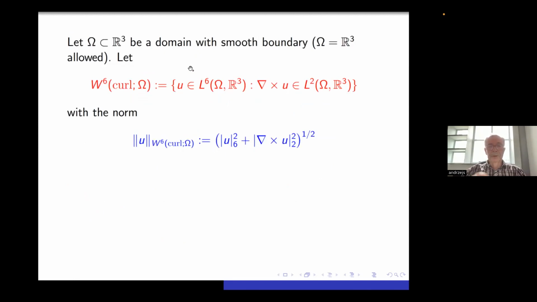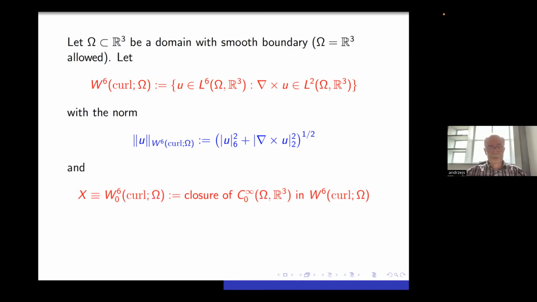Now let omega be a domain with smooth boundary, and omega equal to R3 is allowed, and in fact, this is the case I will focus on through the main part of the work. And now an appropriate space is what is called W6 of curl omega. So we take u in L6, recall 6 is 2 star, and the curl of u is in L2, and the natural norm is the L6 norm of u squared plus the L2 norm of curl u squared.